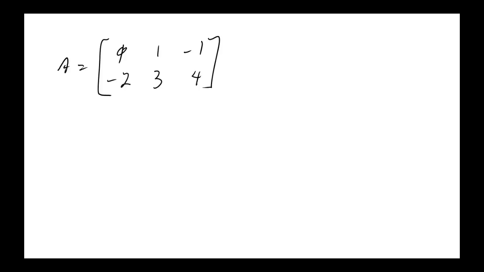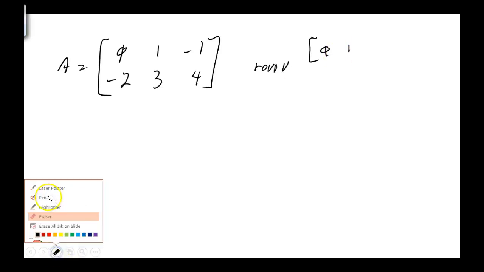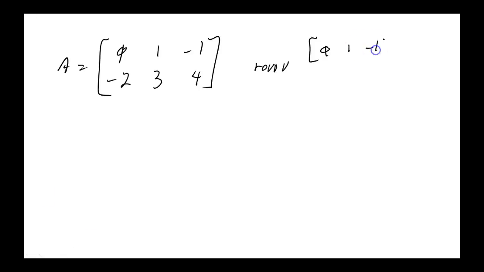What are the row vectors here? 0, 1, -1, and -2, 3, 4. Those are your two row vectors.